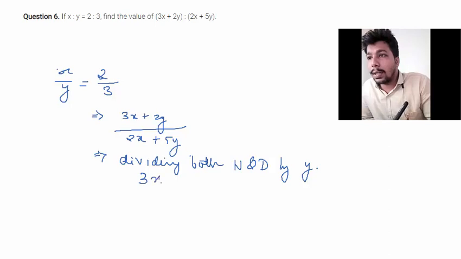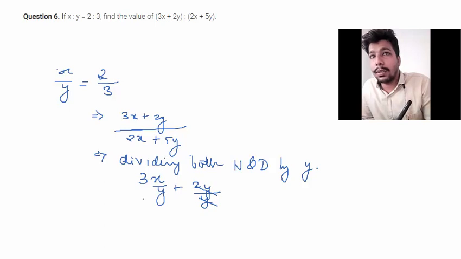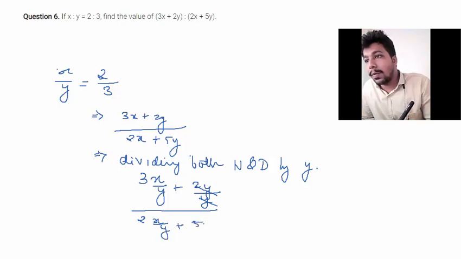3x by y plus 2 because y and y get cancelled. Okay, so here we are getting 3 x by y plus 2, and here we will get 2 x by y plus 5 because y and y again get cancelled.